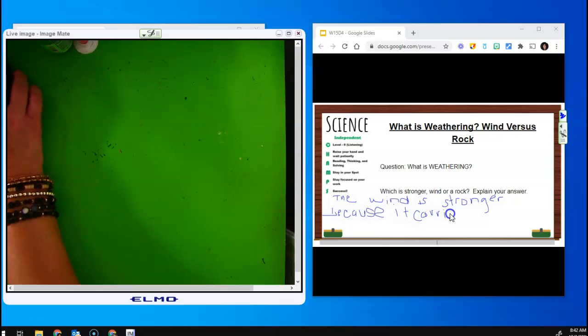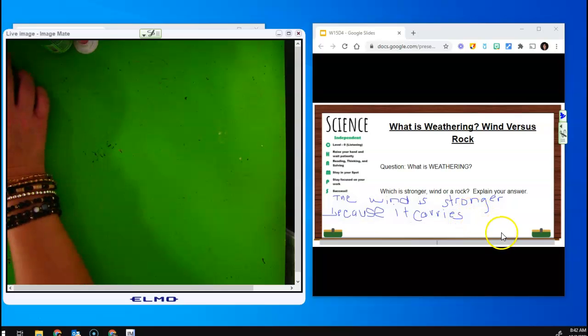Why not? I think the rock is stronger because it would take thousands of years to erode it. Sure. No doubt it does take time, but that does mean that the wind is still eroding the rock, right? The rock is not eroding the wind. The wind's eroding the rock. I know. Okay, it does take time, but the wind is stronger because it wears it away.